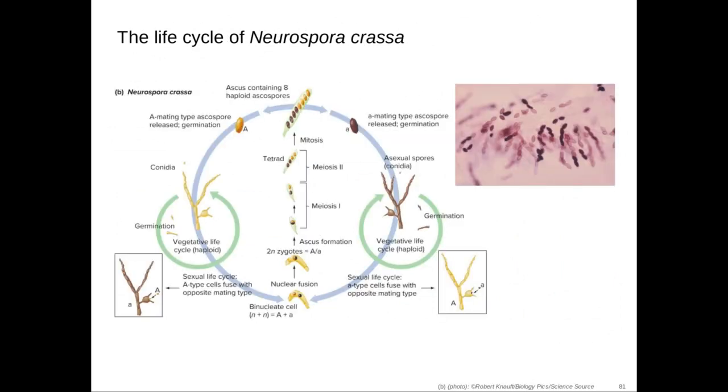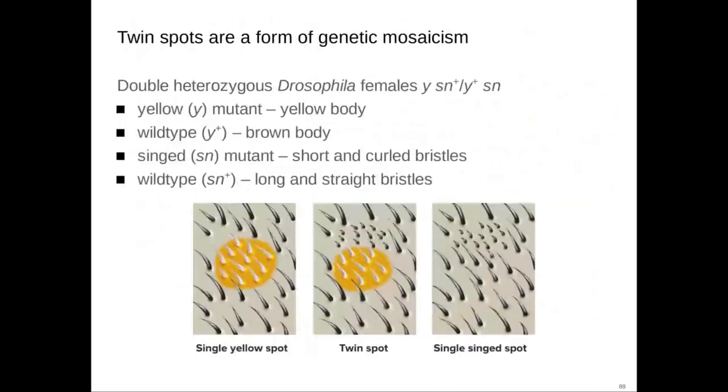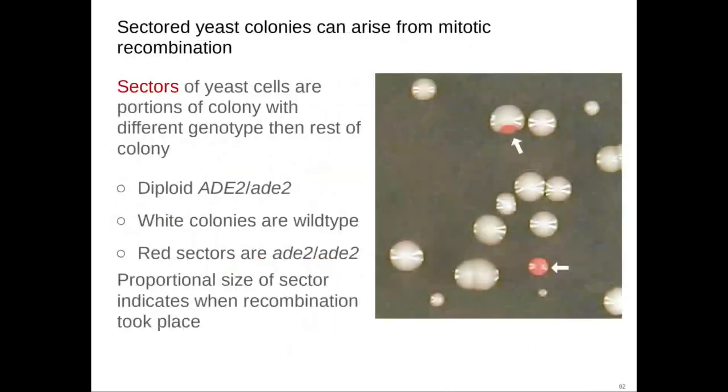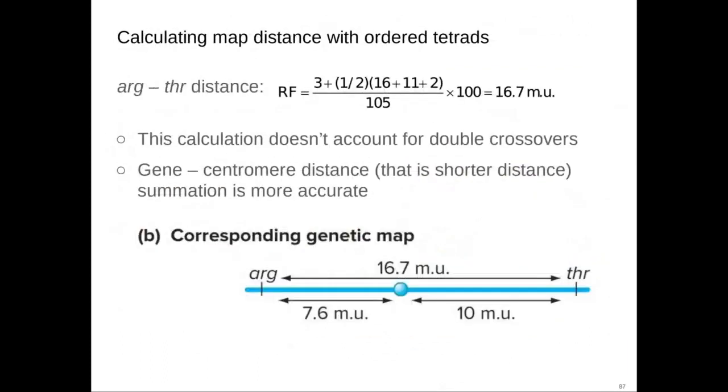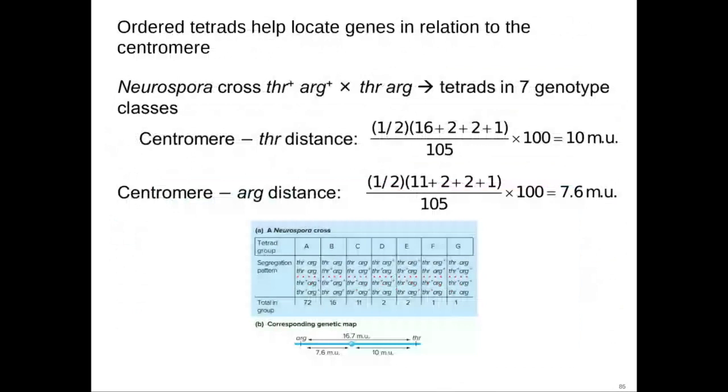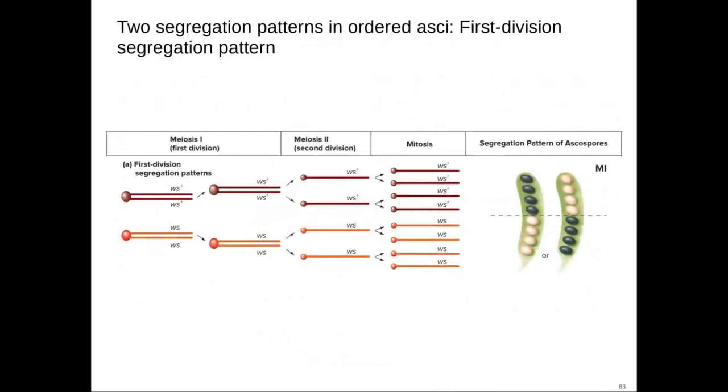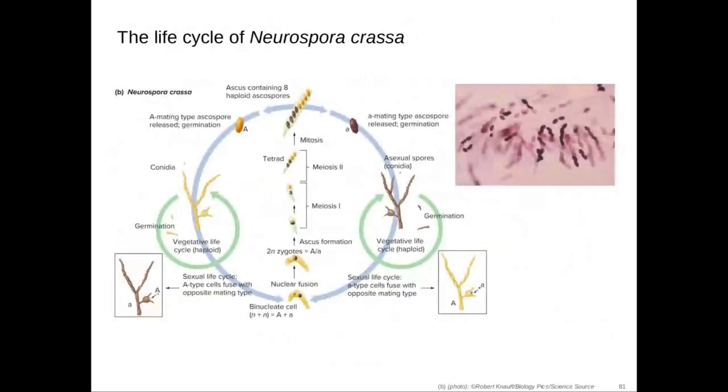So if you want to take a peek at some of this other stuff, looking at Neurospora, same stuff that we just talked about, you can take a peek at it, but I will let you do that on your own, because again, I just wanted to highlight that this idea of linkage and calculating distances can be applied to a sort of non-traditional system as well.